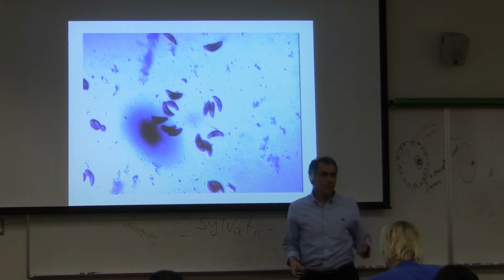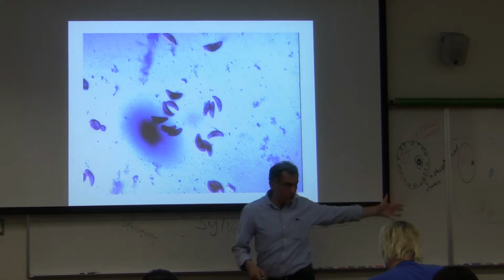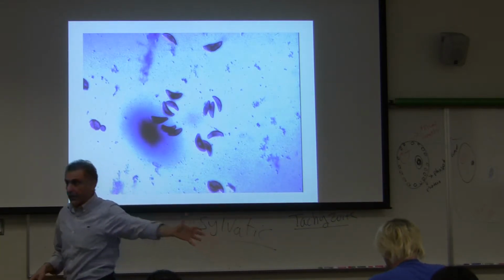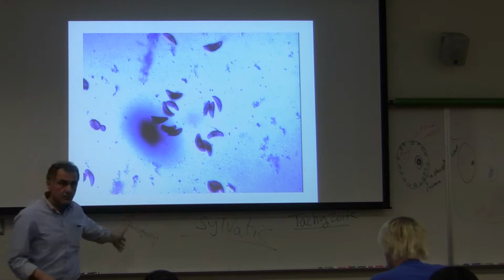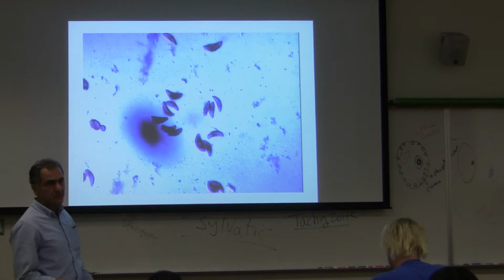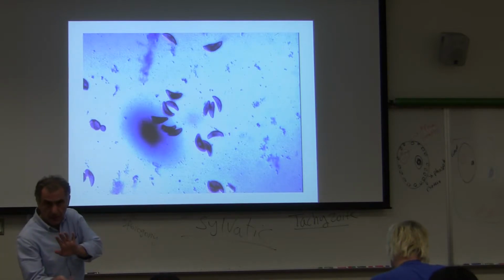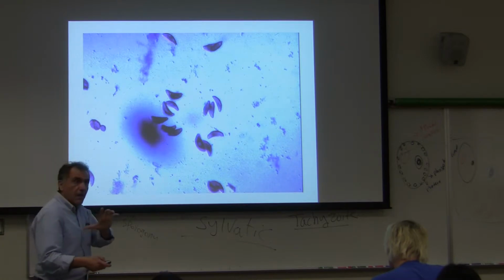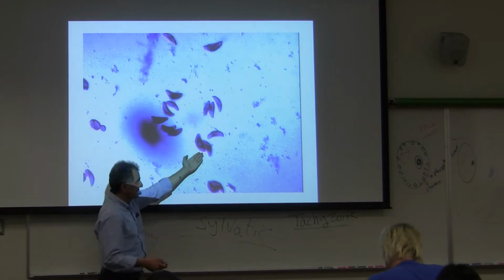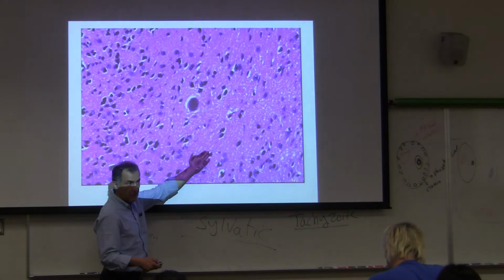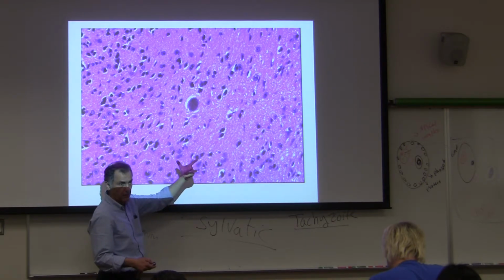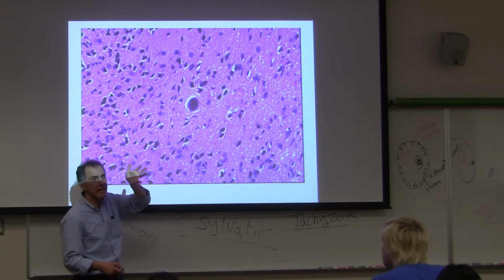But what happens? Most hosts, all animals, cow, sheep, goat, birds, they have an immune system, which you studied, right? When the immune system kicks in, it slows down their multiplication. It cannot stop it, it slows it down.